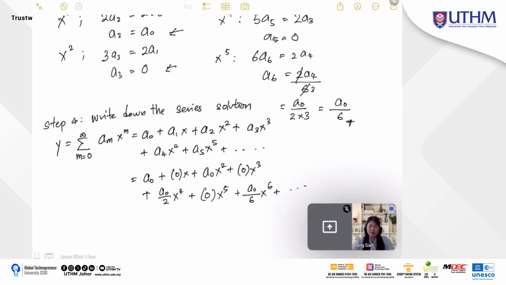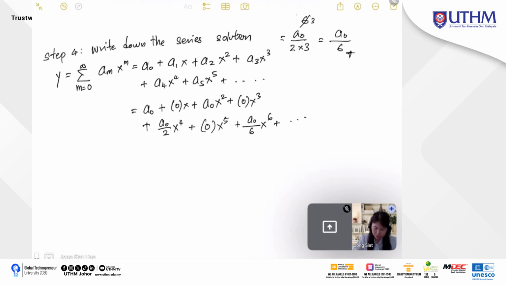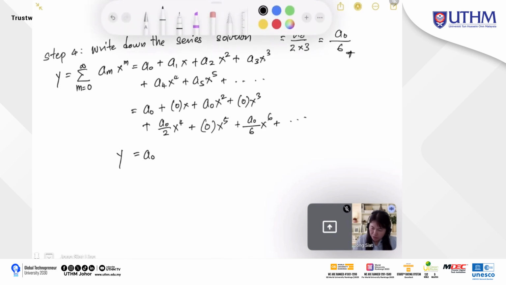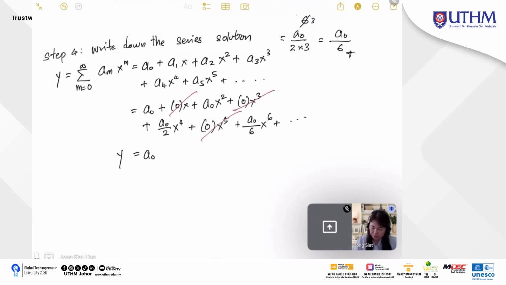Then we can simplify it. We can take out the a0, since everyone has the a0. So y equals a0 times the remaining values. The terms with 0 all drop out, so we just collect the remaining values.